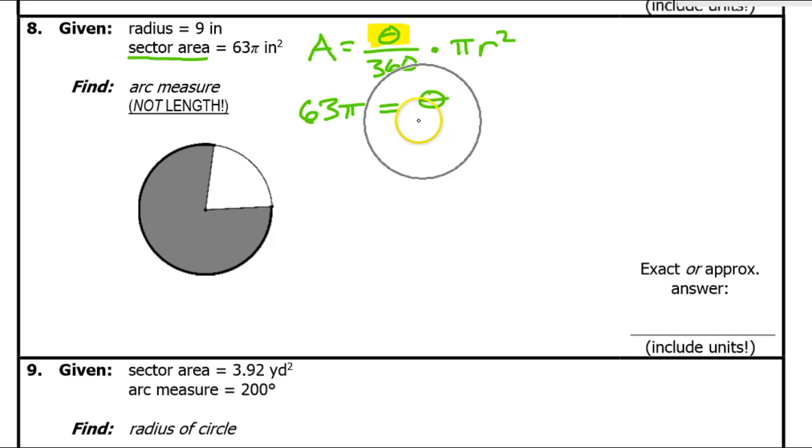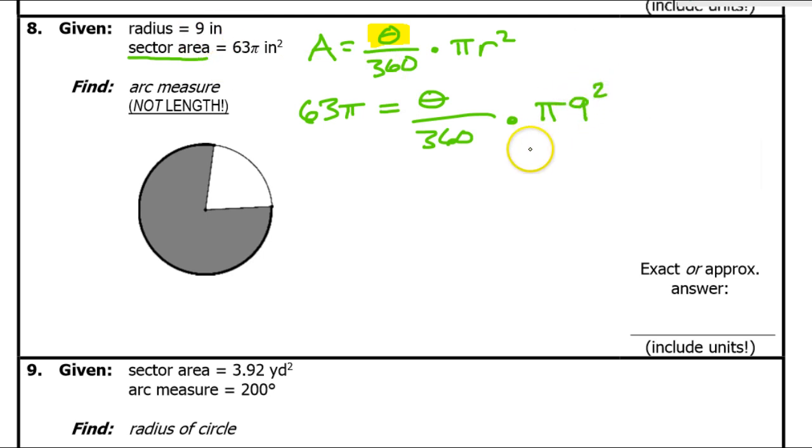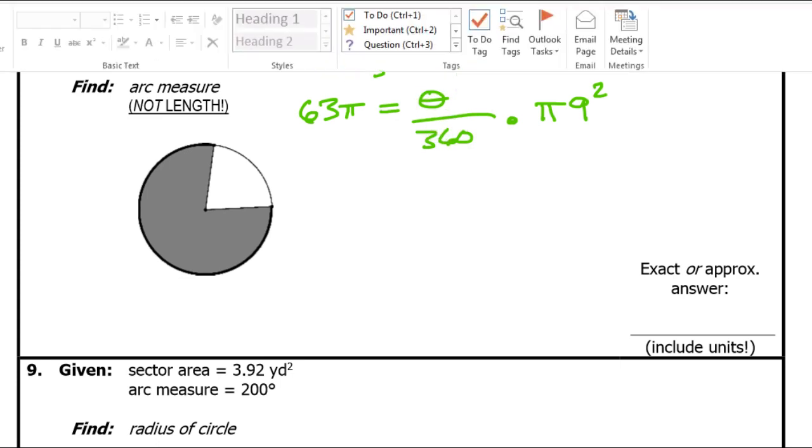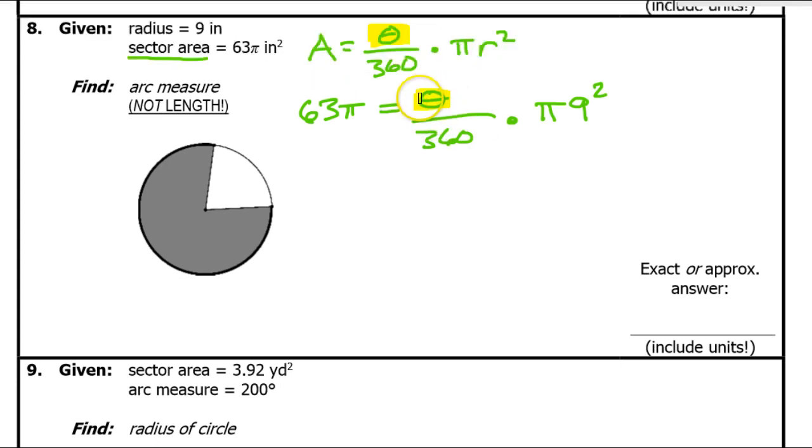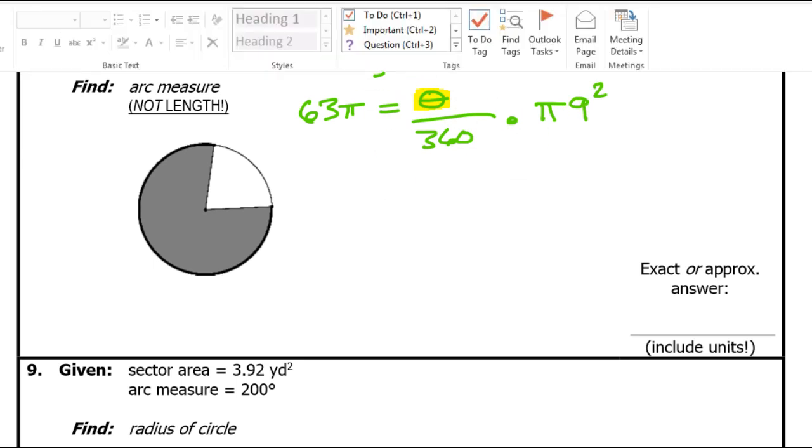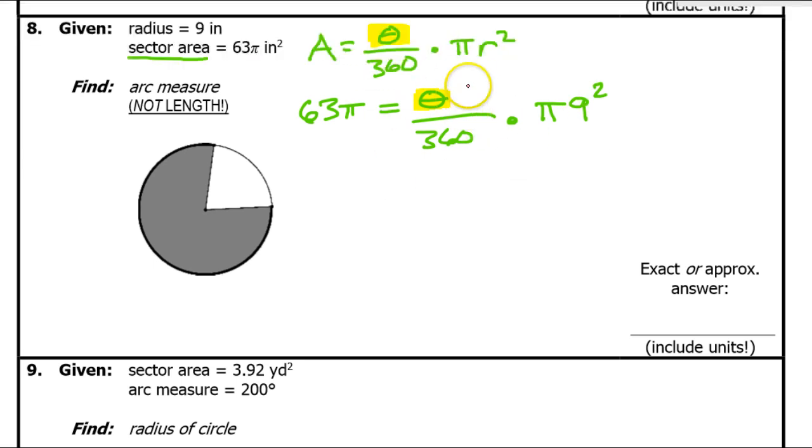All right, so this is theta over 360 times pi r squared. Now the radius is 9, so this will be 9 squared. Okay, I need to solve this for theta. I'm trying to get theta by itself, so I need to get rid of everything on the right-hand side. I'm going to start with this denominator of 360. I'm going to multiply by 360 on both sides.